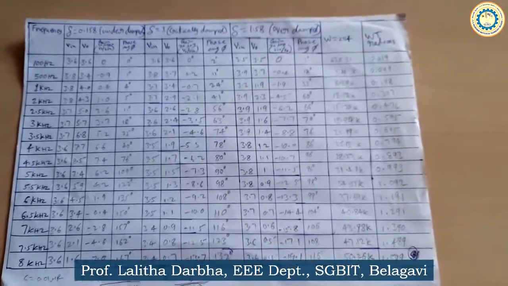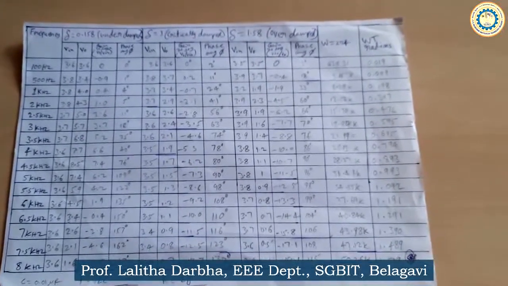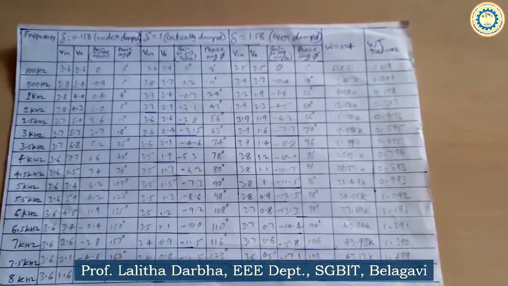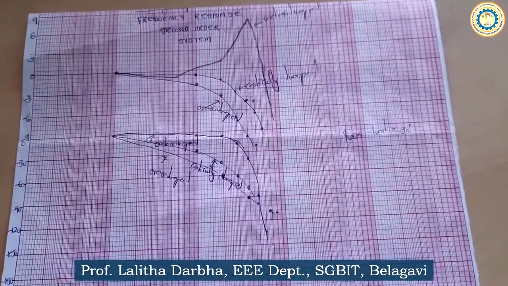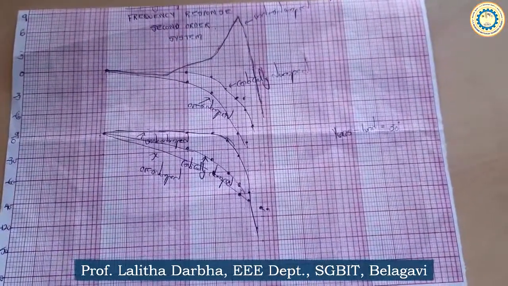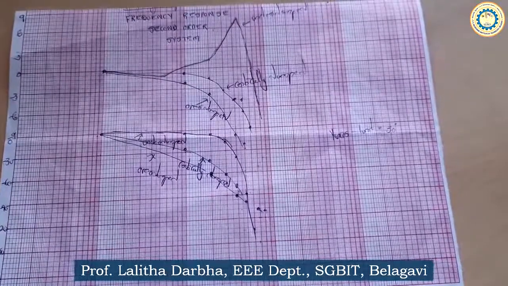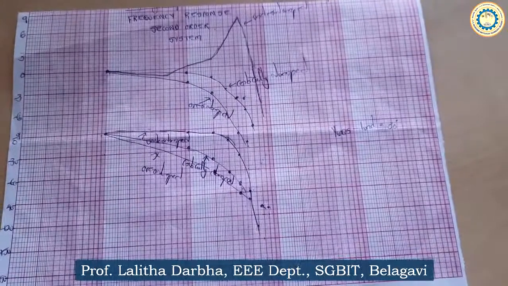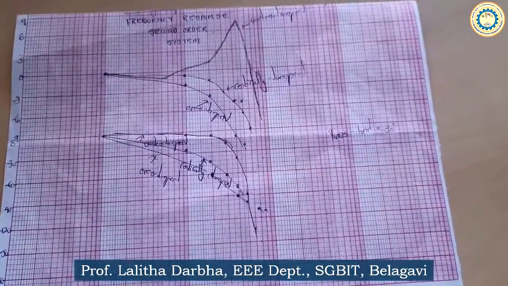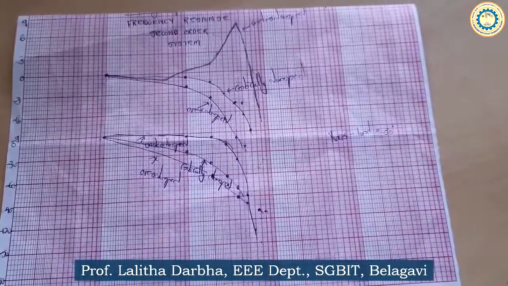Beyond that, the gain has been reducing. In critically damped and overdamped system, you don't observe that particular phenomenon. Just look at the graph. You see that the gain has increased for the underdamped system, but not for critically damped or overdamped systems. And phase is also plotted with respect to frequency. So these are the studies about our frequency response characteristics.